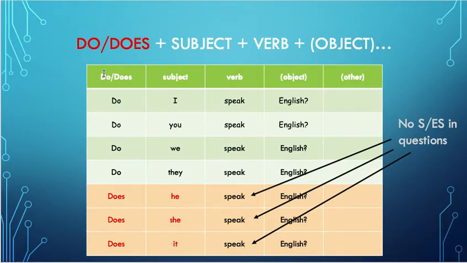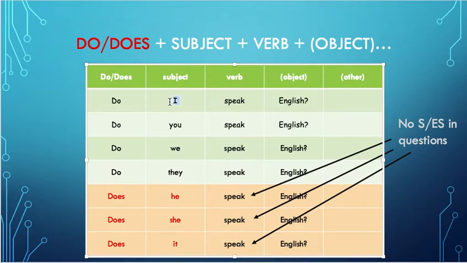Okay, so here you can see the first word is do or does. How do we know to use do or does? We look at the subject. So if the subject is I, for I we say do. Okay?